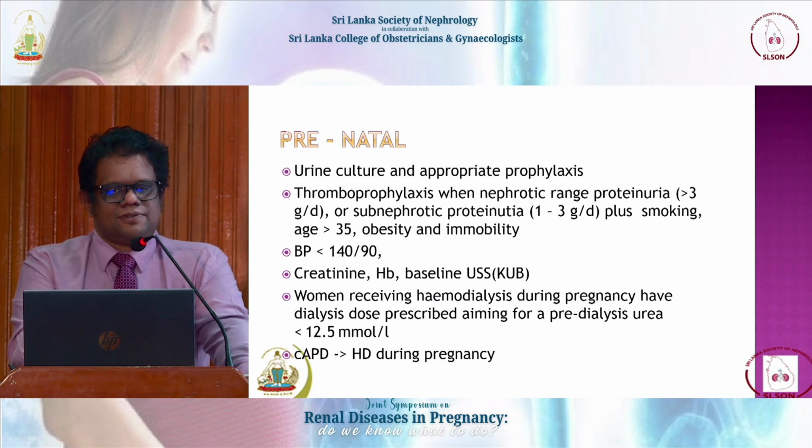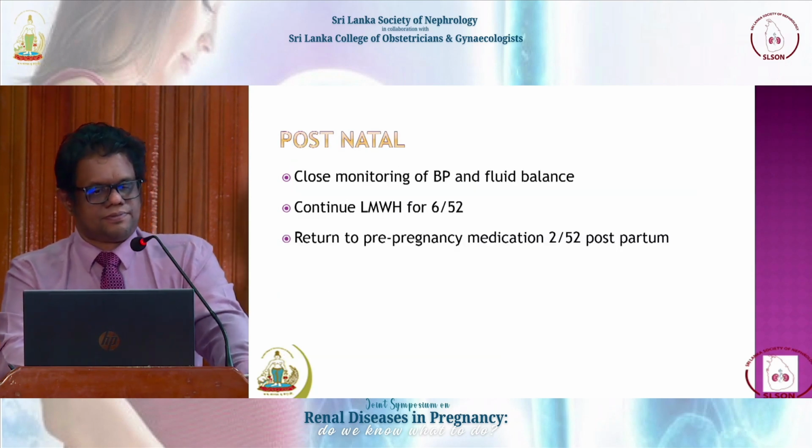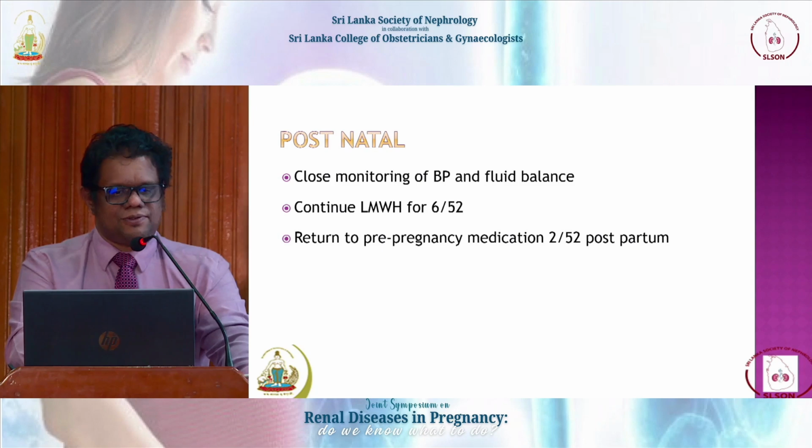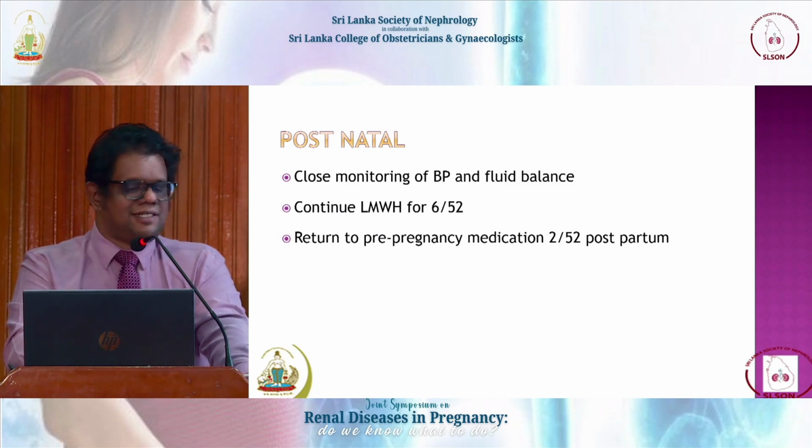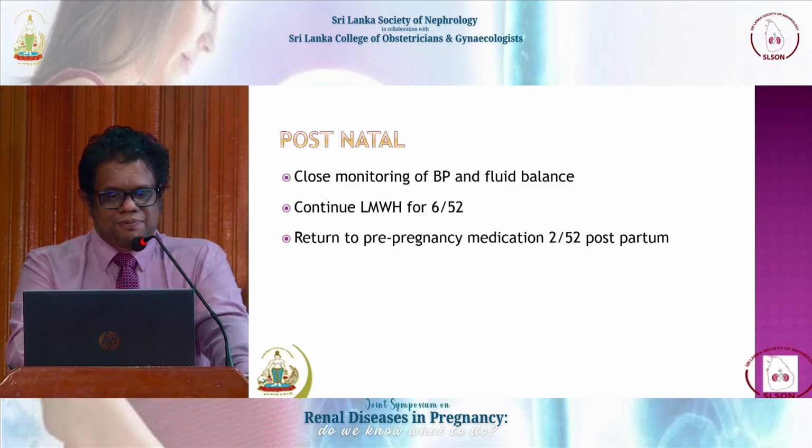Any patients on continuous ambulatory peritoneal dialysis have to be moved to hemodialysis during pregnancy, obviously due to issues with space. Postnatally, close monitoring of blood pressure and fluid balance is needed, with continuation of heparin and return to pre-pregnancy medication 2 weeks postpartum.